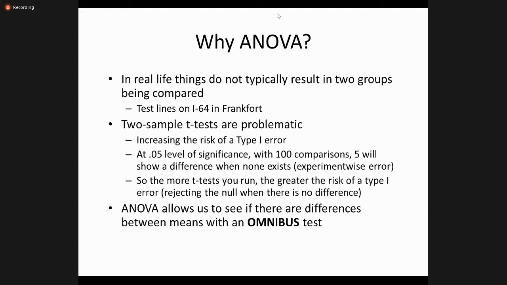But in two-way ANOVA, you can do two independent variables with two or three other dependent variables. So basically, it is an omnibus test, and it is better than the t-test when there are more groups.